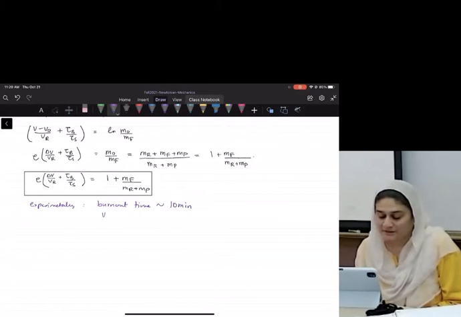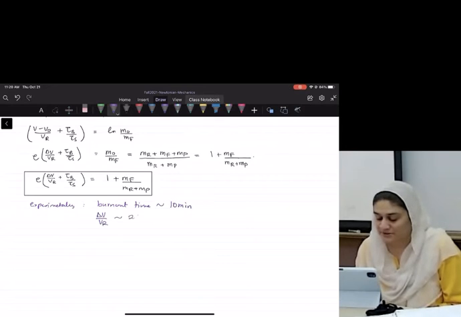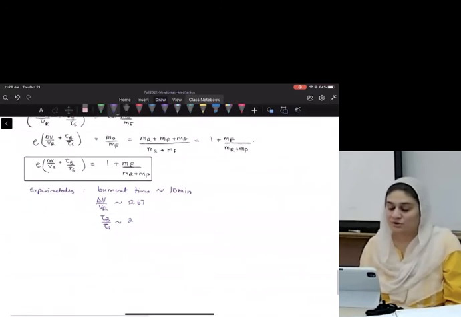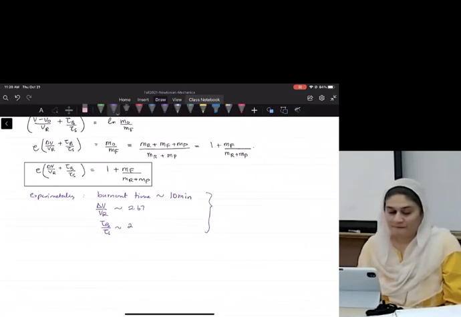And delta V over VR and TB over TS is approximately 2. If you plug all of these values in, do you know what you find? Mass of the fuel divided by mass of the rocket plus mass of the payload comes out to be 105.